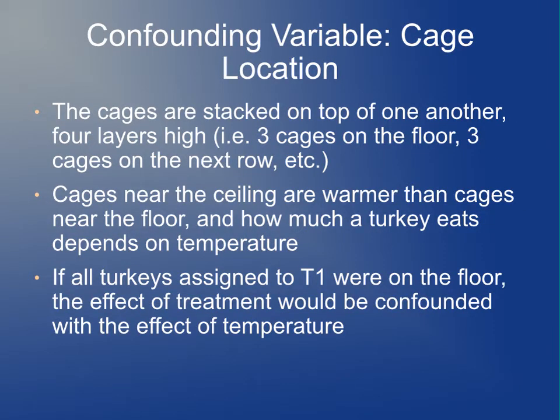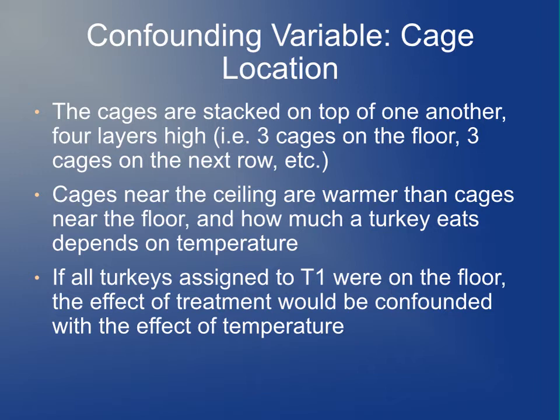A confounding variable in this particular experiment is the location of the cage, and for the sake of this example, we're going to say that the cages are in a 4x3 grid where you have 3 cages on the floor, 3 cages on the next row, etc., all stacked one on top of another.